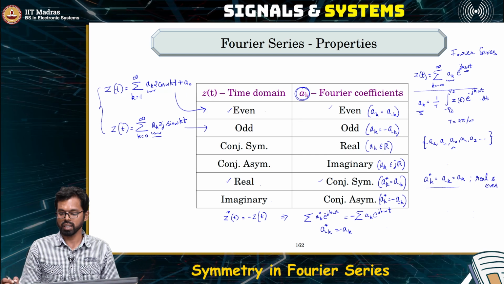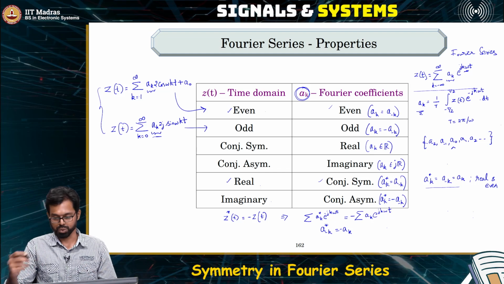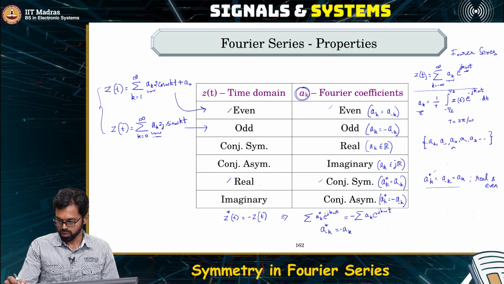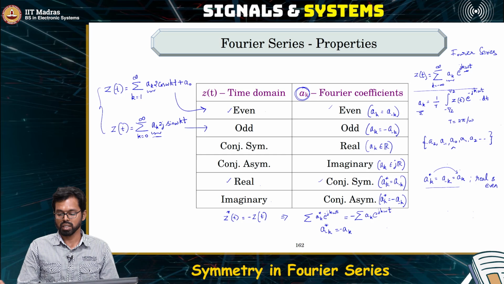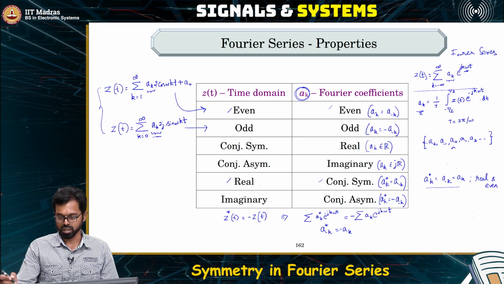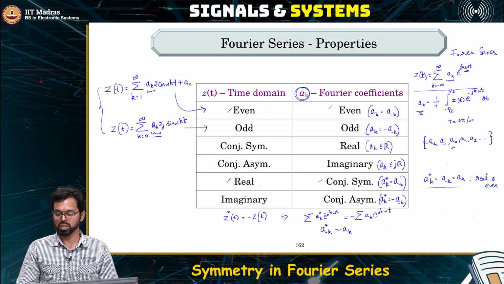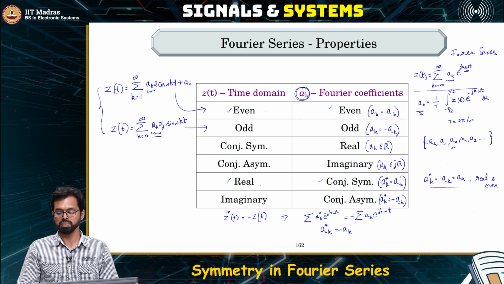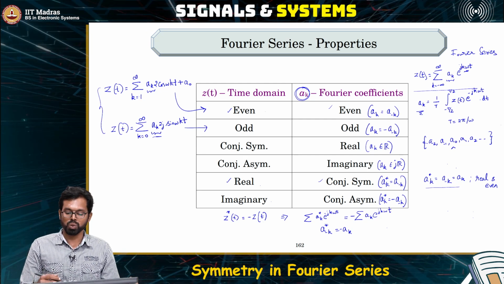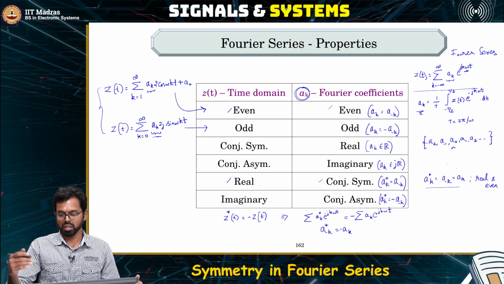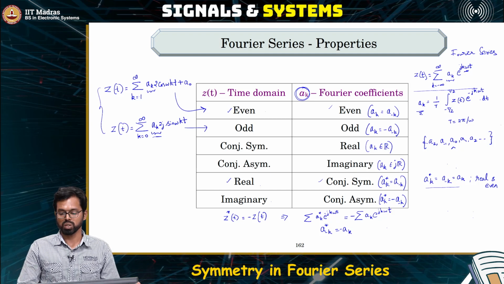So now we are getting interesting properties by combining these two. These two put together tell us that the conjugate is equal to the original signal itself, which implies that the Fourier series coefficient is also real and even. So whenever a signal is real and even, the Fourier series coefficient is also real and even.